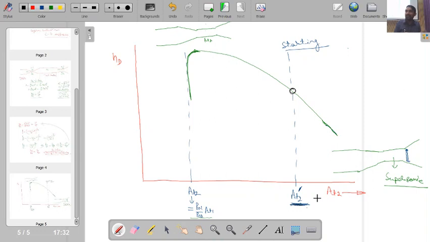Okay, and once the complete flow has been established, then by some mechanism you can decrease the area and go towards the highest efficiency point. But such designs of diffusers are very complicated, and they are also costly.